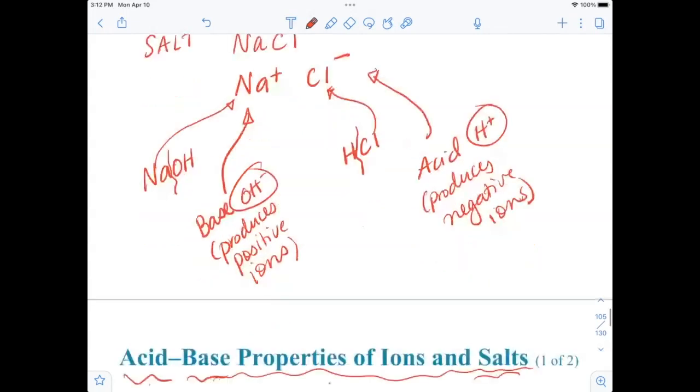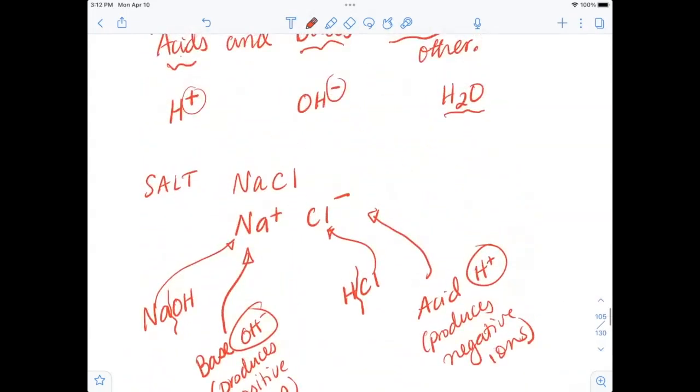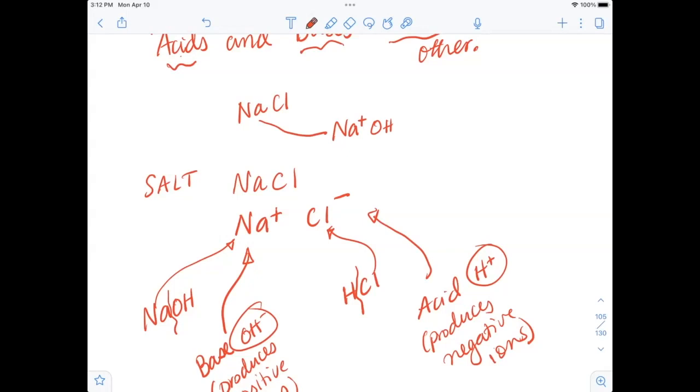So just add those to the component that came from the appropriate parent and you get the parent. So what I mean by that here is, let me work it over here. Since sodium chloride is the child, that means take the sodium ion. This came from the base parent, right? Add the hydroxide ion and you recreate the base parent. Take the chloride ion, add the hydrogen ion.